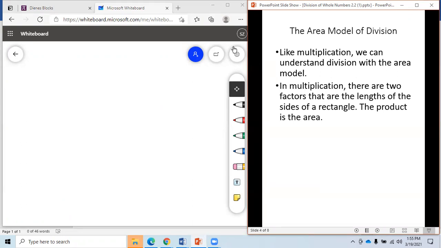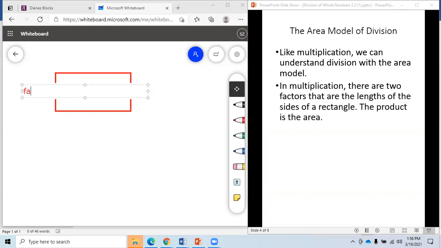So let's draw it. And I'm going to label it. So I have factor and factor, and the area of the rectangle is the product.